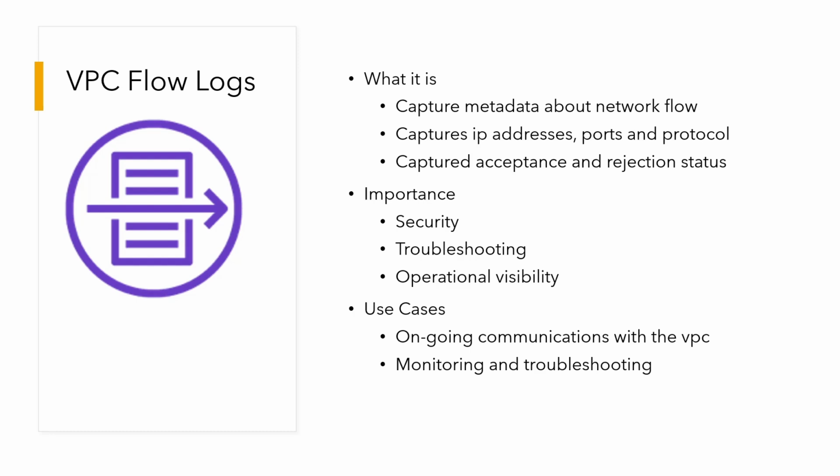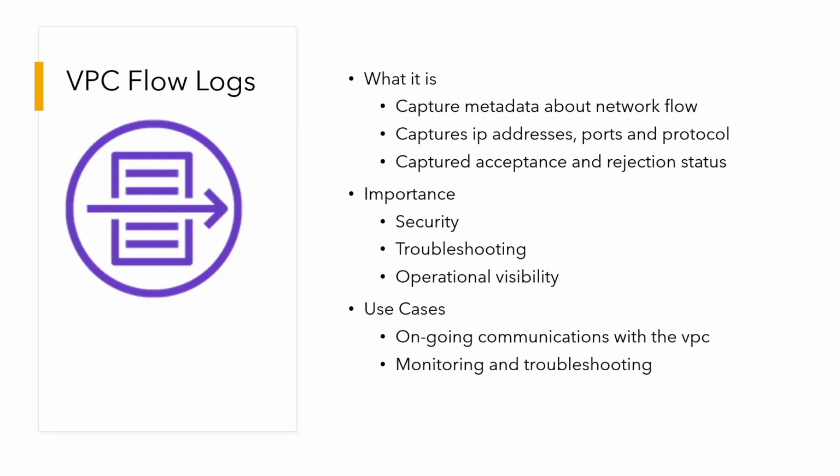So why is this important? That is because effective decision making is grounded in accurate and timely information. And VPC flow logs provide a clear picture of your network's behavior without delving into every packet's finer details. And this is important for a number of reasons. First, they allow you to spot suspicious activity and potential intrusions by tracking unusual connections or traffic patterns, so they enhance security.